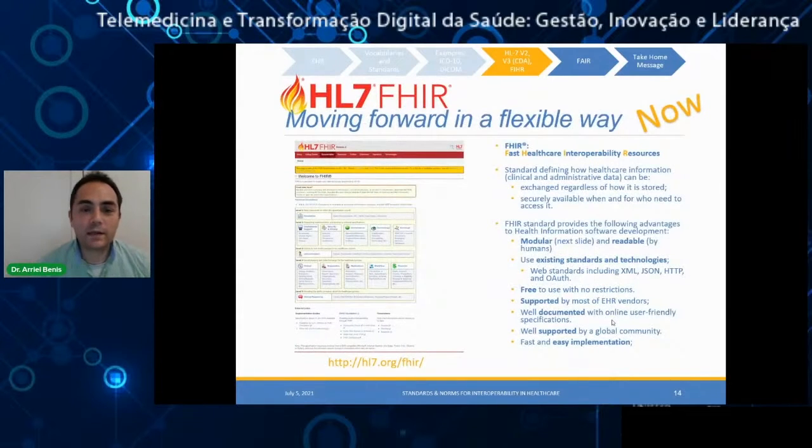So in the last years, HL7 FHIR allows us to move more flexibly. FHIR is Fast Healthcare Interoperability Resources, a standard allowing us to exchange data without focusing too much on how this data is stored, and in a secured way.